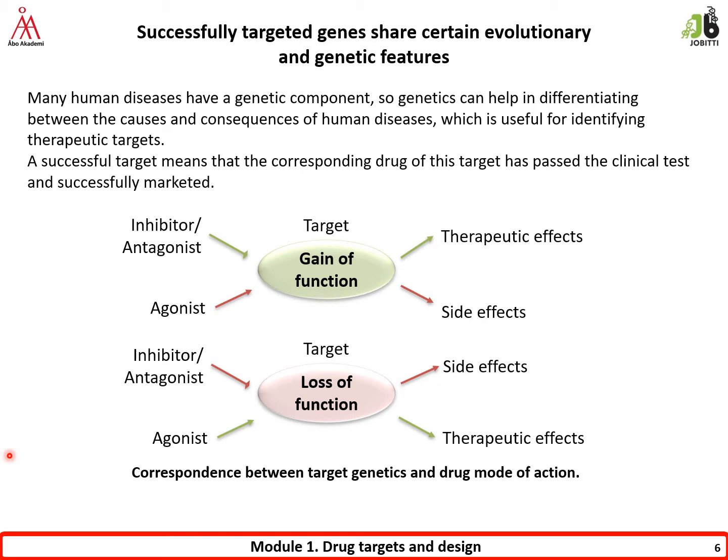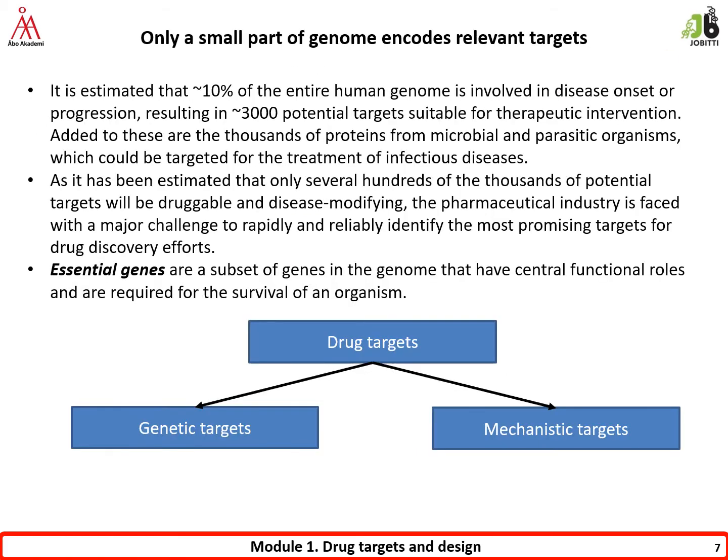A combination of the evolutionary and genetic features of drug targets can better facilitate target identification. An ideal targeted gene should contain a series of functional alleles that are related to function and clinical outcome. Essential genes are a subset of genes in the genome that have central functional roles and are required for the survival of an organism.